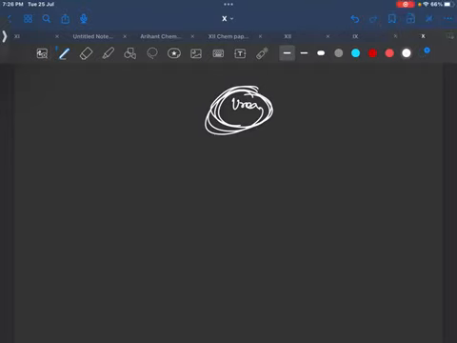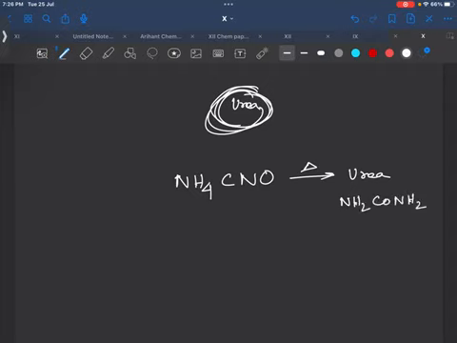He took ammonium cyanate and then he heated it. NH4CNO, ammonium cyanate. The valency of CNO is -1. When you heat this, it became urea, NH2CONH2. देखो दोनों का फॉर्मूला सेम है.